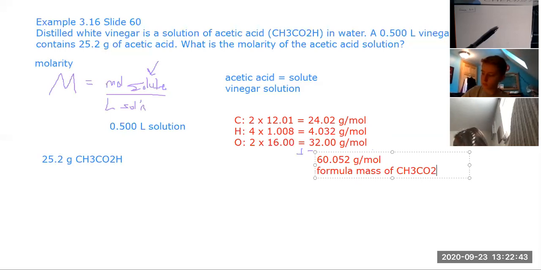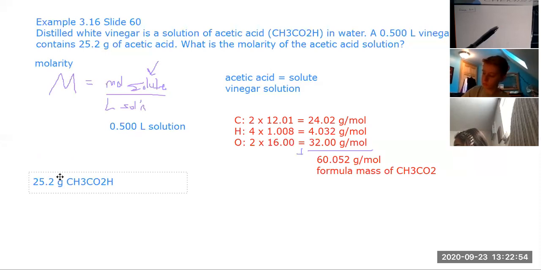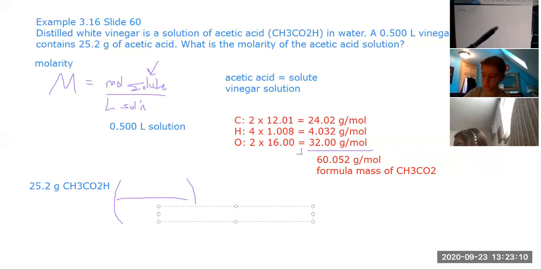That's old news. We learned how to do that in 3.1. But now we need to use that formula mass back over here with my amount in grams to solve for moles. So I set up my conversion factor. I have grams of acetic acid to start, and I want that to go away, so grams of acetic acid is going to go down here.